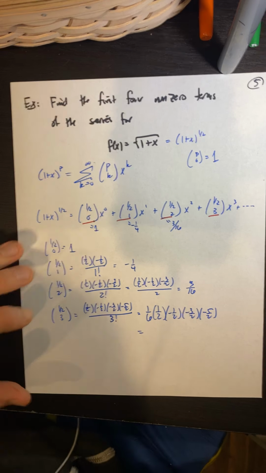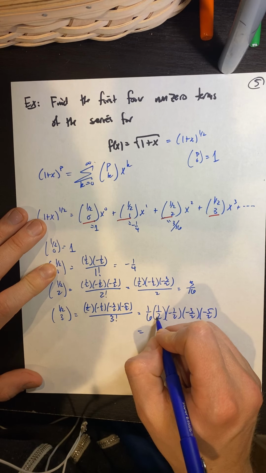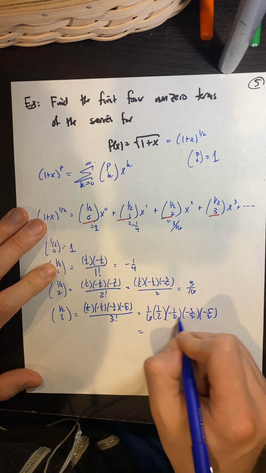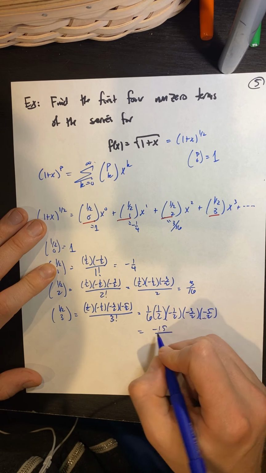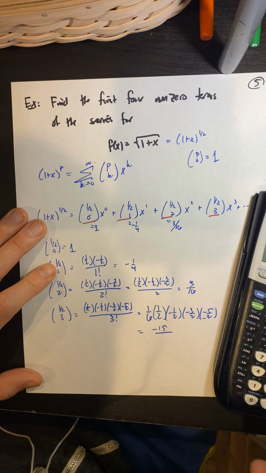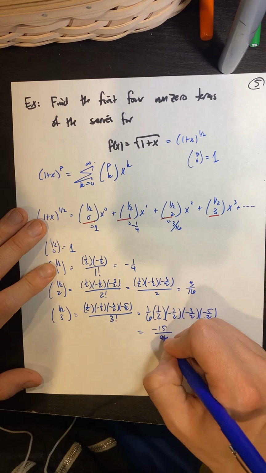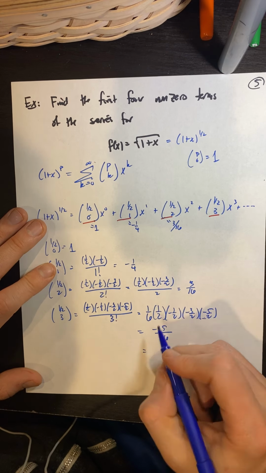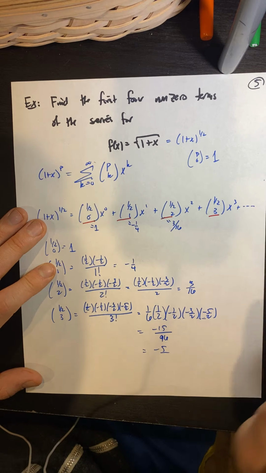Okay, so we get, let's see, a negative 15 up top, and 6 times 16 in the bottom. That's 96, which is probably divisible by 3, so we get negative 5 over 32.